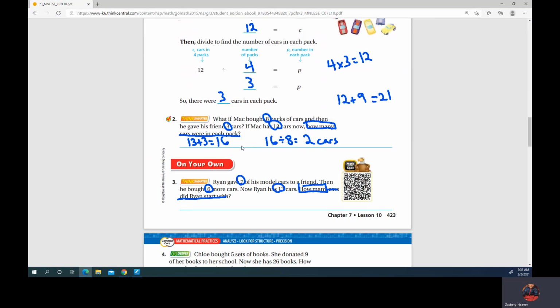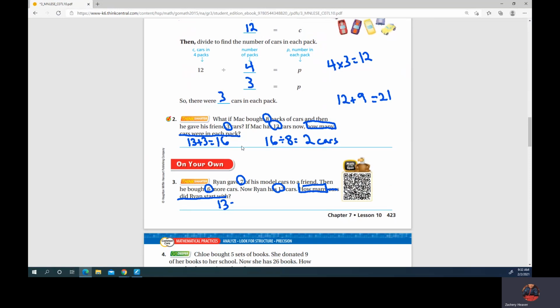What's a good way to start? Okay. So he gave 7 cars to a friend and he bought 6 more cars. So let's see. Ryan has 13 cars now, and that's after he bought 6.